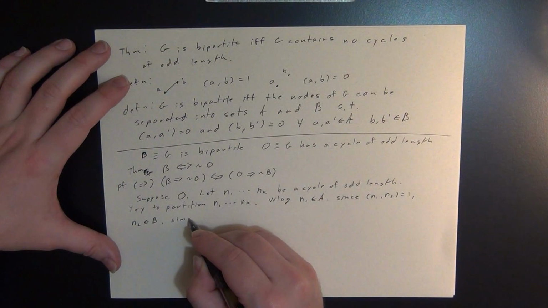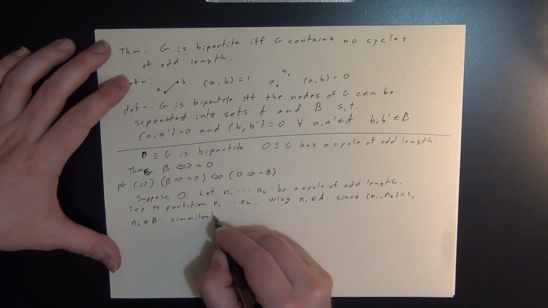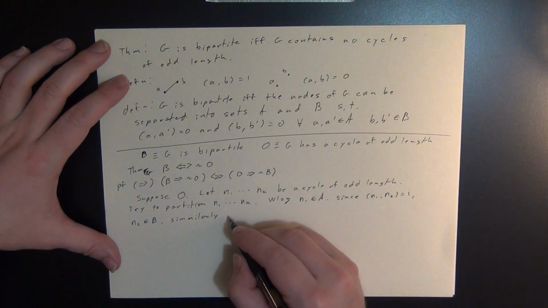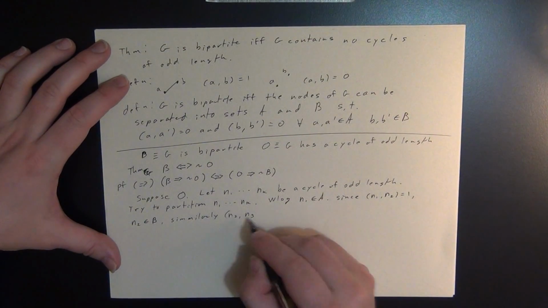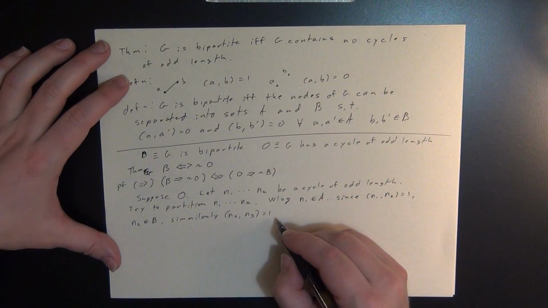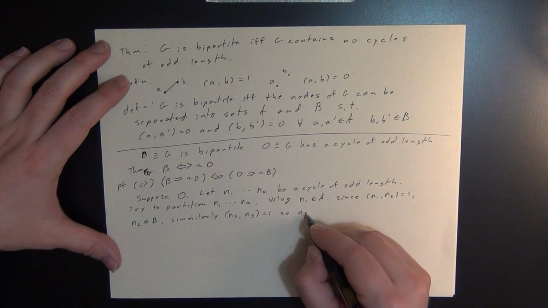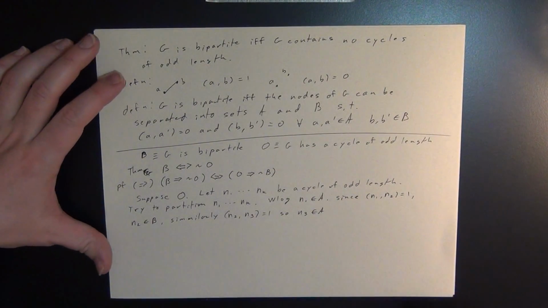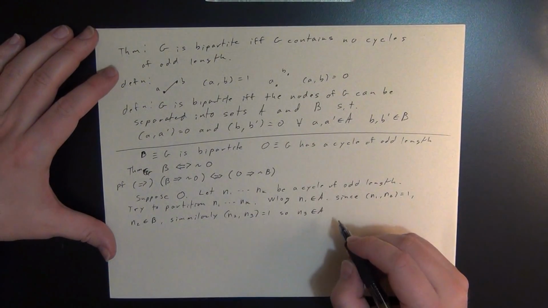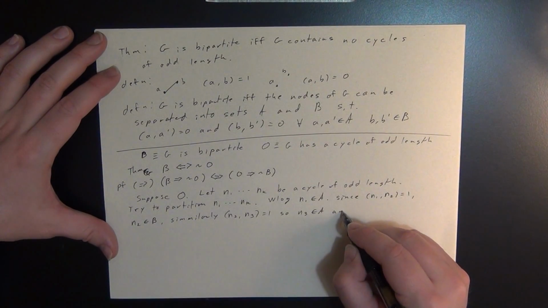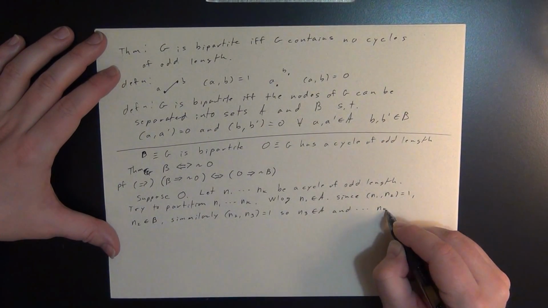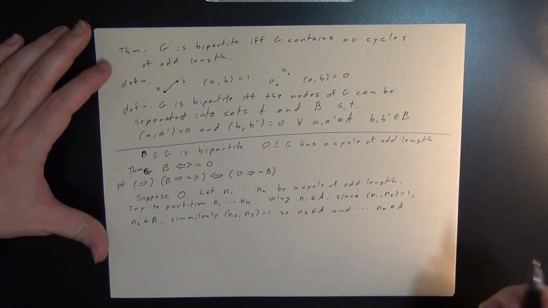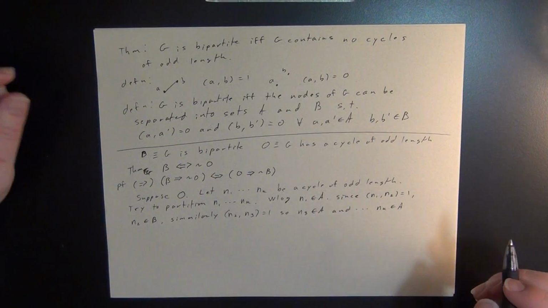Similarly, n2, n3 is equal to 1, so n3 is an element of A, and dot dot dot, nk is an element of A since k is odd.